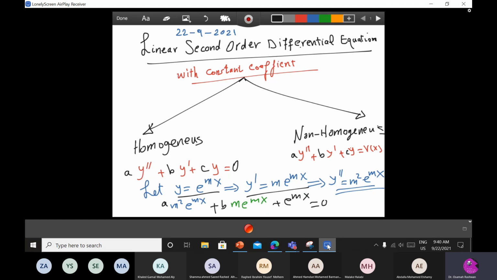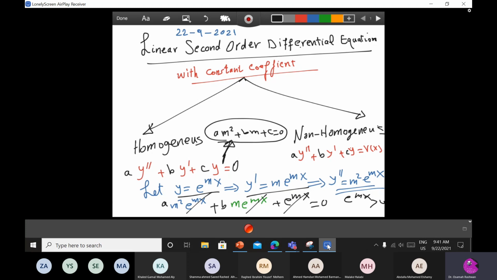Now you can divide it by e to the mx because you guarantee e to the mx is always positive, right? So you can divide it. So you end up with this one becoming an algebraic equation: a m squared plus bm plus c equal to 0. Okay.